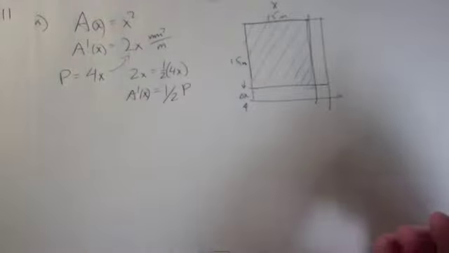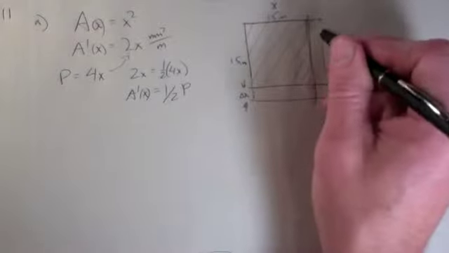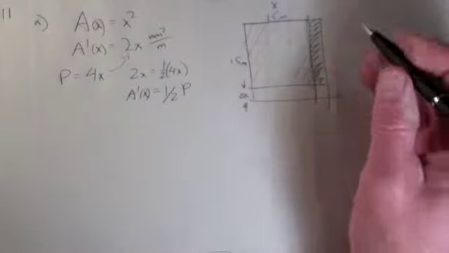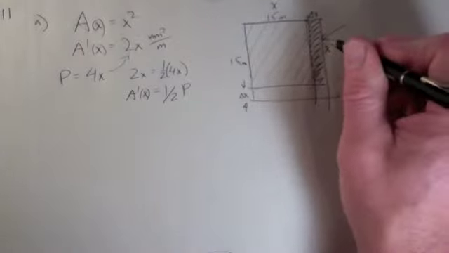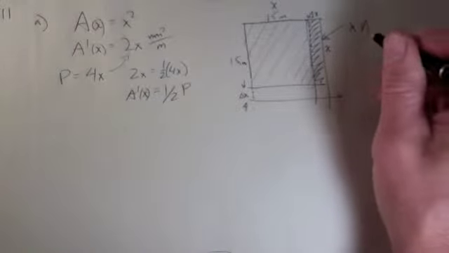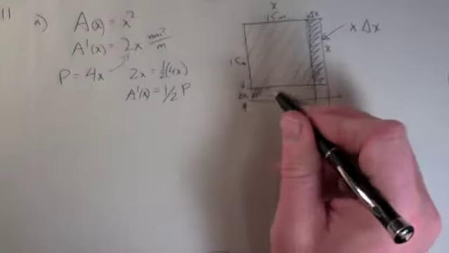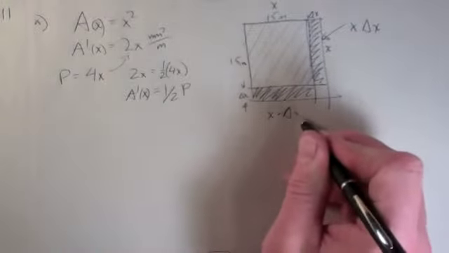It helps because when we think about this geometrically, this area here is going to be a rectangle bounded by delta x and x. So that area is simply x times delta x. Well, that's going to be the same as this area here, also x times delta x.